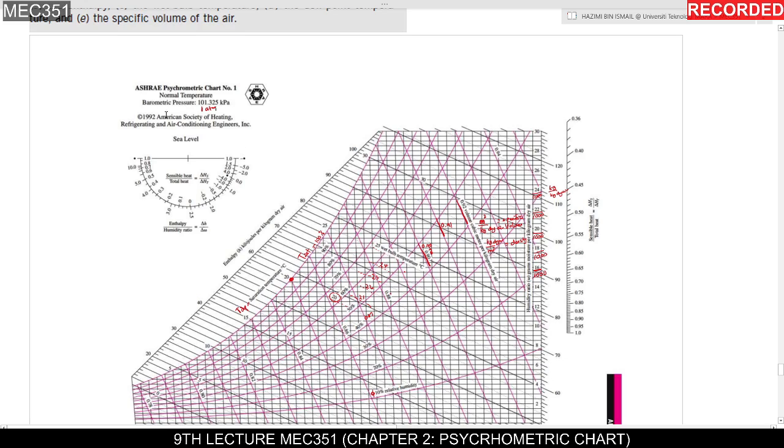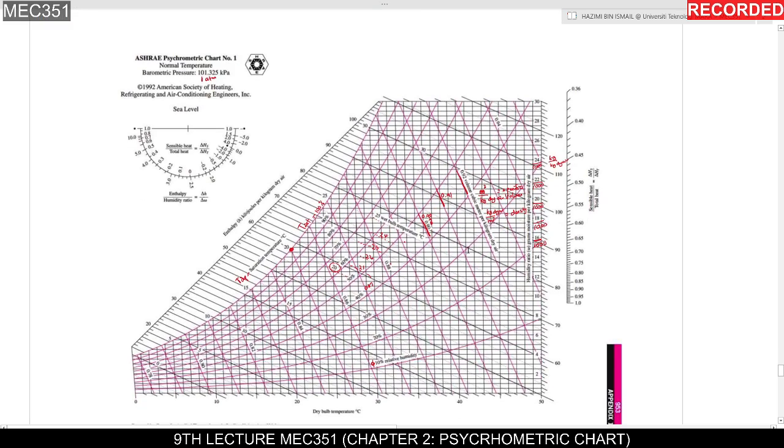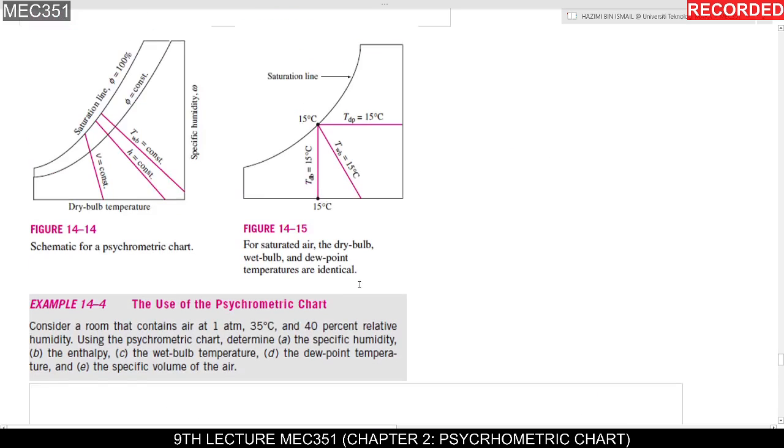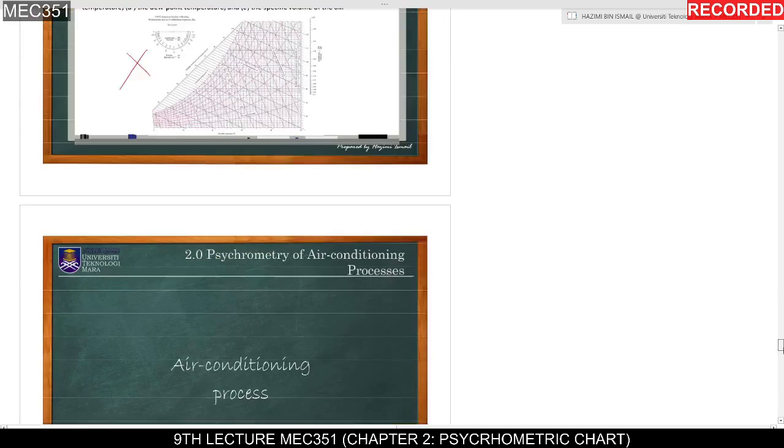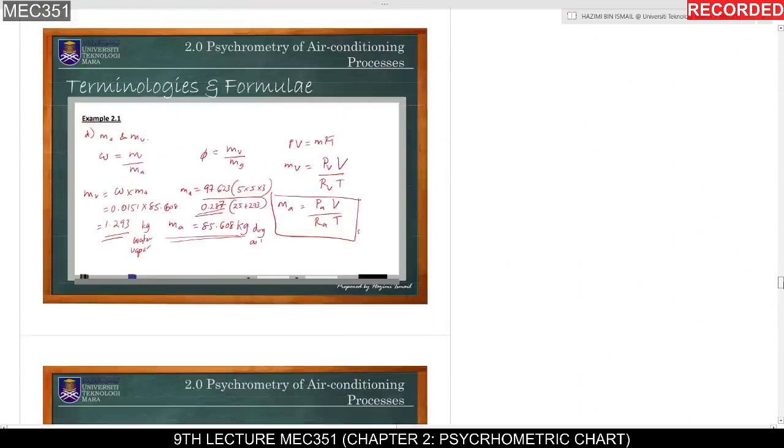If our atmospheric pressure is more than this value or lower than this value, let's say 110 or 95 kilopascal or 90 kilopascal, then this psychrometric chart cannot be used, and you can only use the formulas that we learned in our previous class.